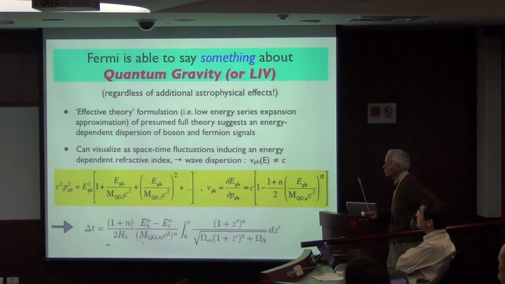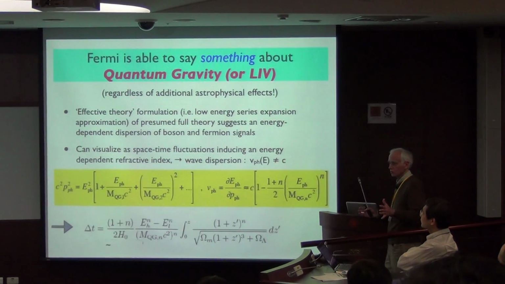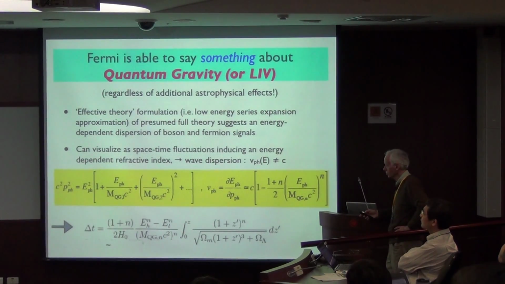So regardless of any additional astrophysical effects, if you just consider what you can say about quantum gravity. You know that quantum gravity as a theory doesn't exist so far, but there are effective low energy theories of quantum gravity which consist of essentially making a low energy series expansion of the full theory.